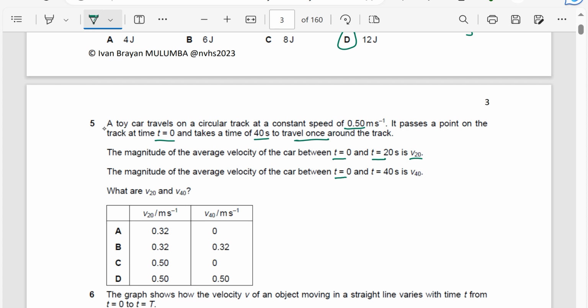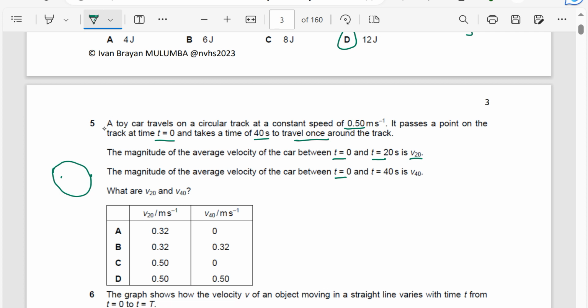Okay, I want you to note they said it takes 40 seconds to travel once around the track. That means if it moves around the track, it comes back to the same point. So let's say this is a round track.